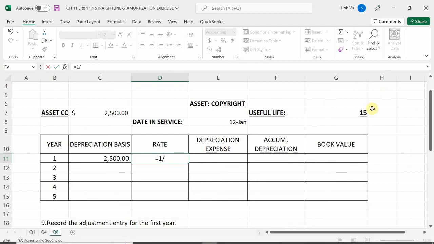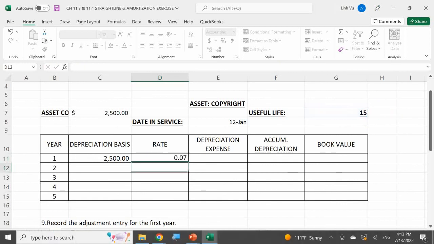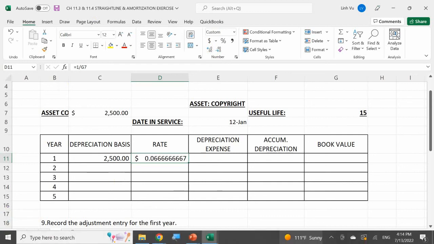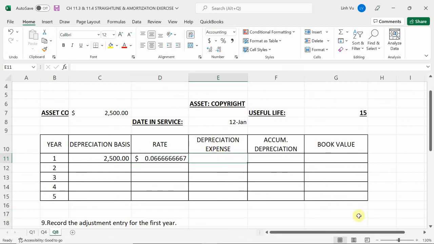What do you get? 0.0666666. If you extend that number, it's going to be a bunch of 6s, okay? So therefore, I'm going to use my equal round formula for this. So how much is it going to be for my amortization expense for the first year?